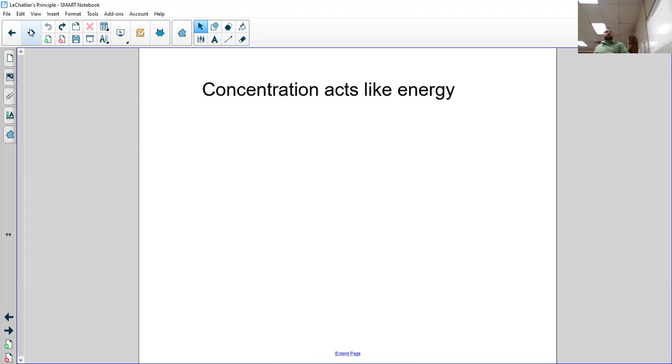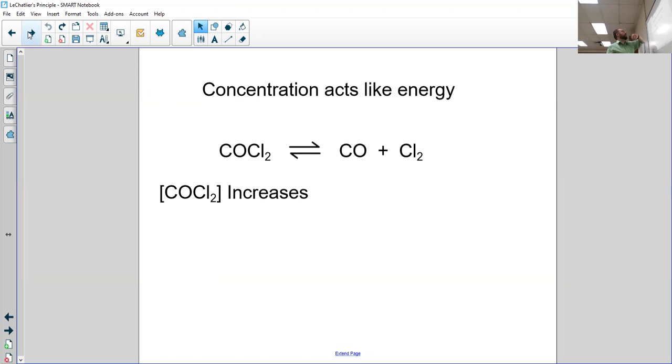All right, so concentration is another kind of stress that we're going to see. It's going to act like energy. In this example, we have COCl2 in equilibrium with carbon monoxide and chlorine.